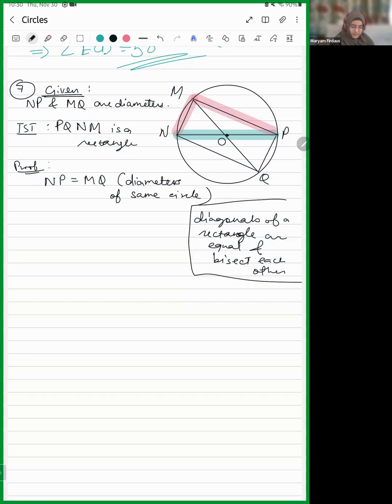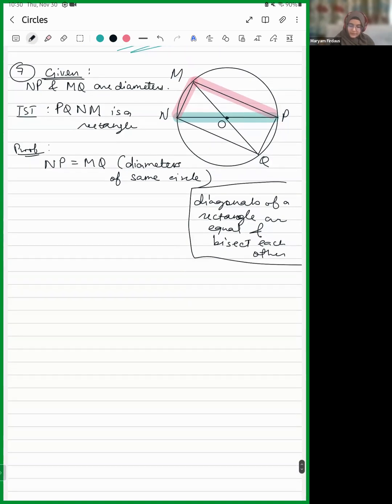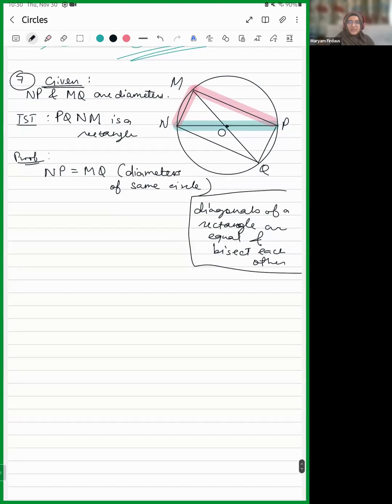So this is there. And we need to show that they bisect each other. Well, that is also pretty obvious, right? Because OM is equal to OQ. Why? Can someone tell me why OM is equal to OQ? Remember that this is a circle we are talking about.